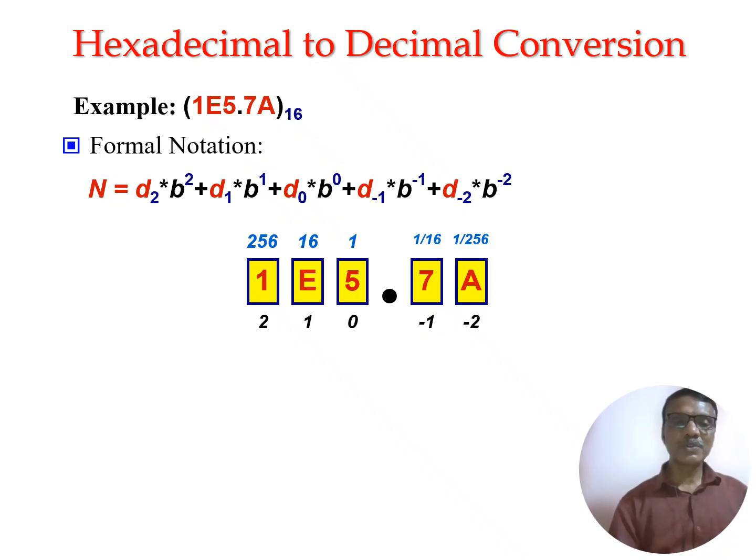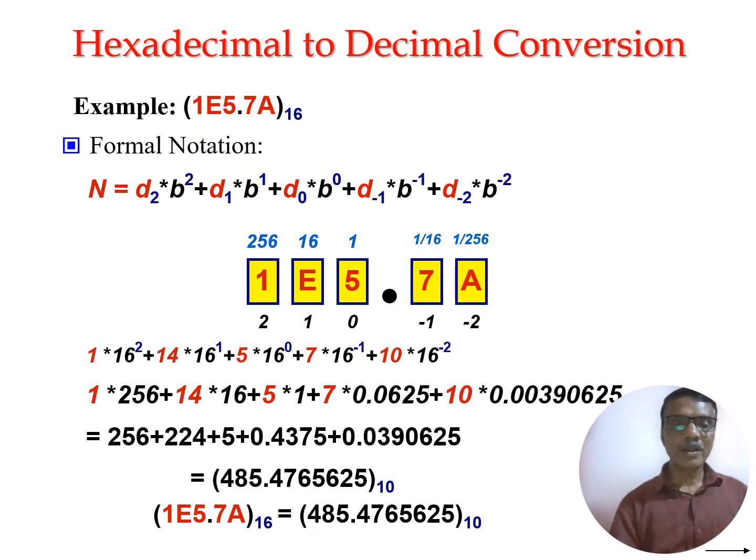So we substitute these values like this in this formula. So 1 into 16 power 2 plus E is 14. So we can't multiply E, that's why here we are using its equivalent value. So E means 14.